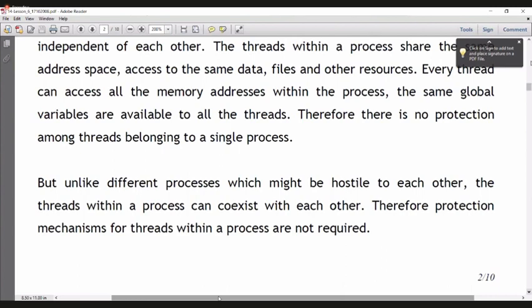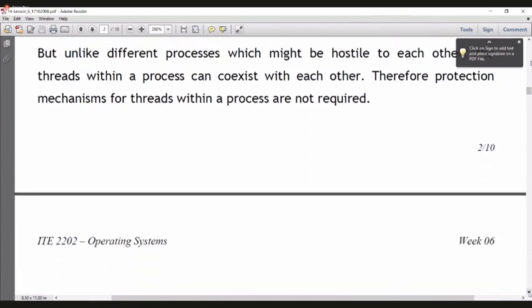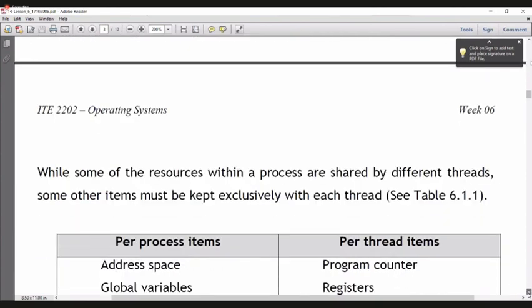In parallel, at the same time, they can exist and run. Therefore, protection mechanisms for threads within a process are not required. So you don't have to worry that much about protection mechanisms.